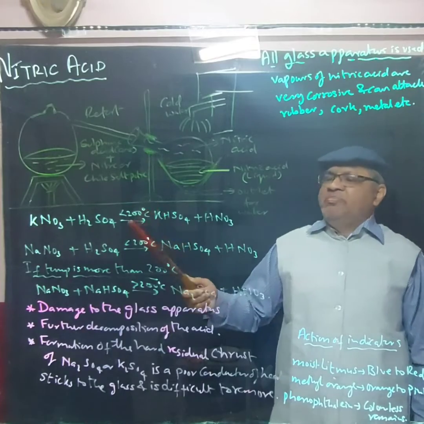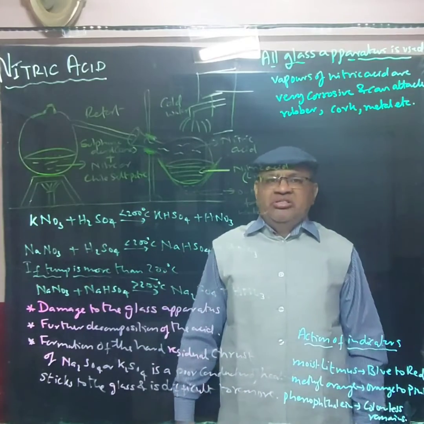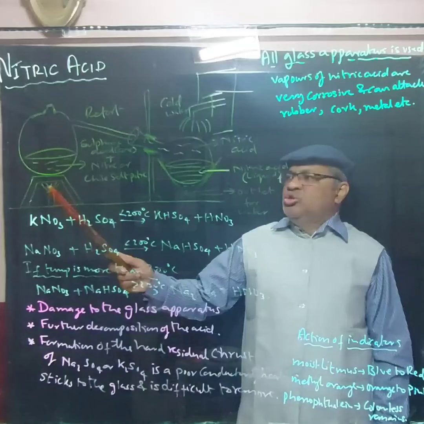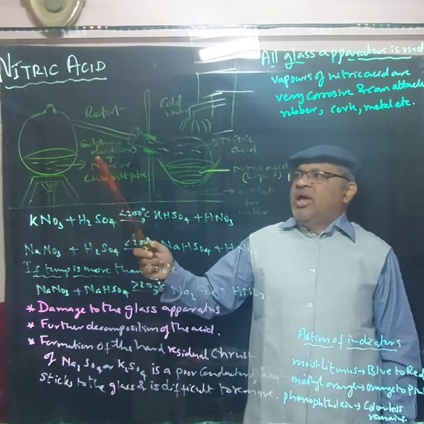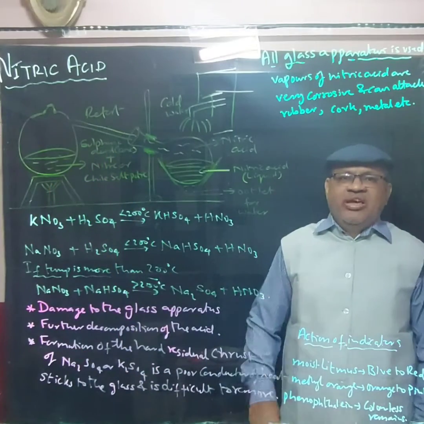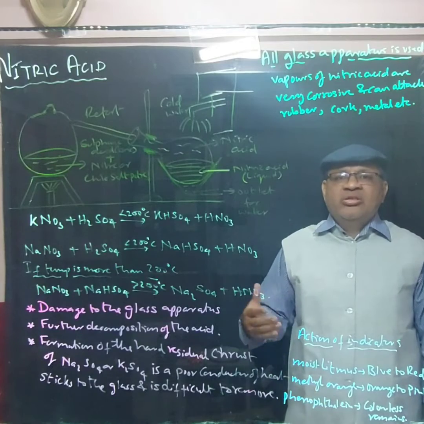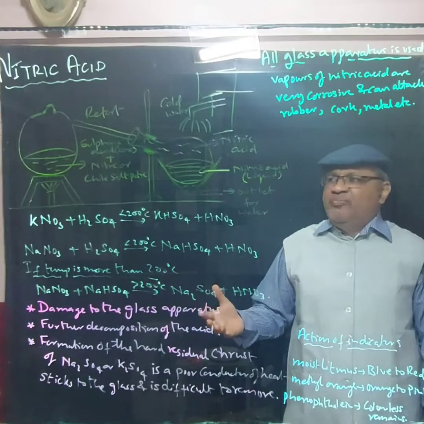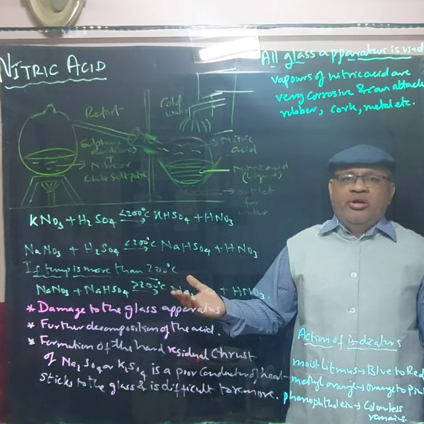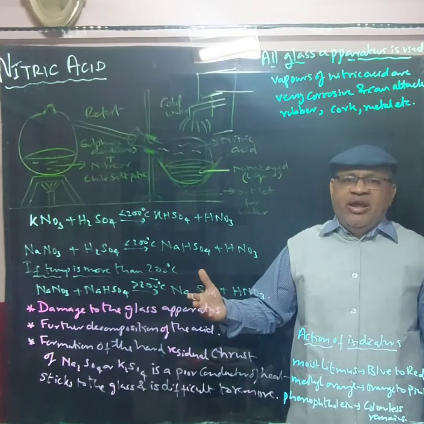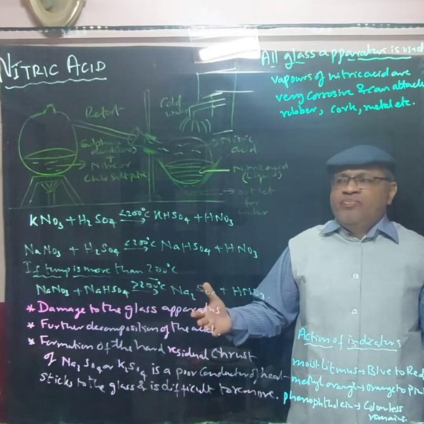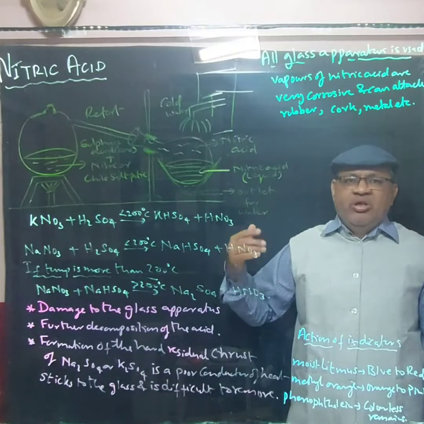Now the temperature has to be less than 200 degrees Celsius and it has to be heated slowly from down. And why are we taking concentrated sulfuric acid? Because it is non-volatile and it is helpful in displacing other volatile substances, like nitric acid, which is volatile. So that's why sulfuric acid is used.